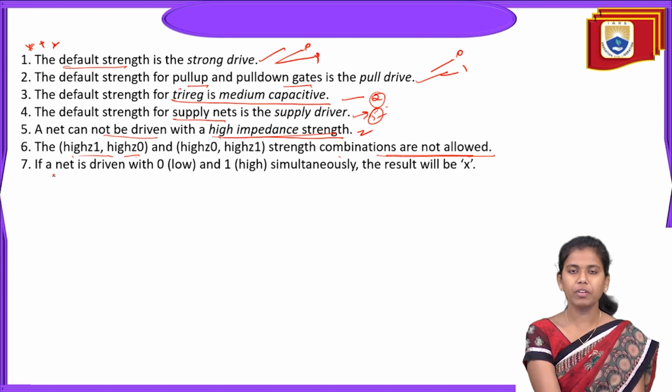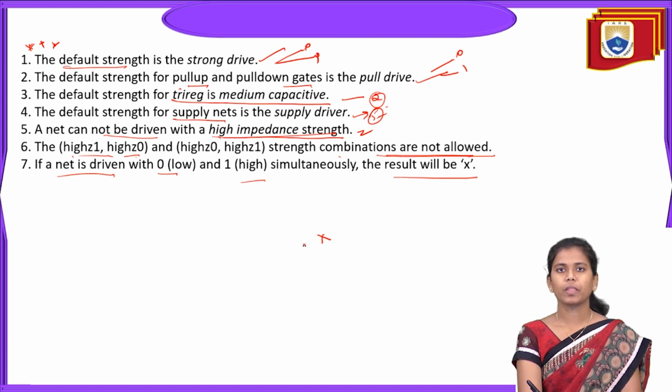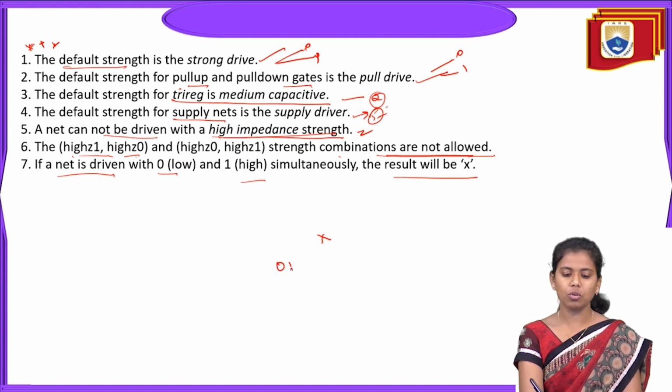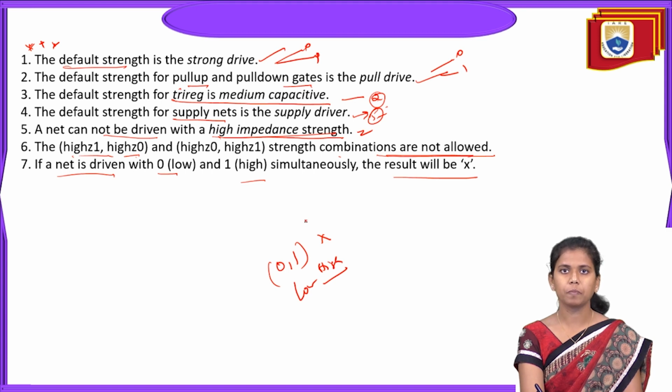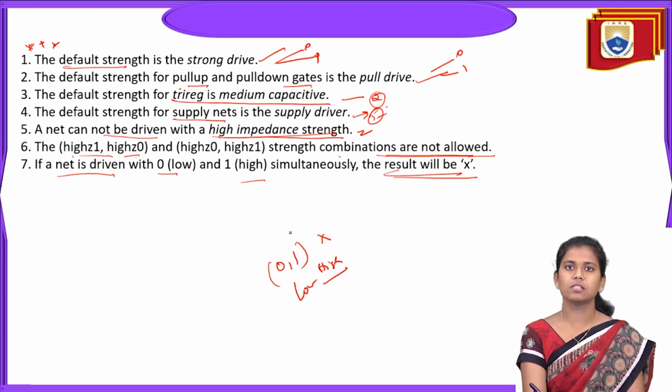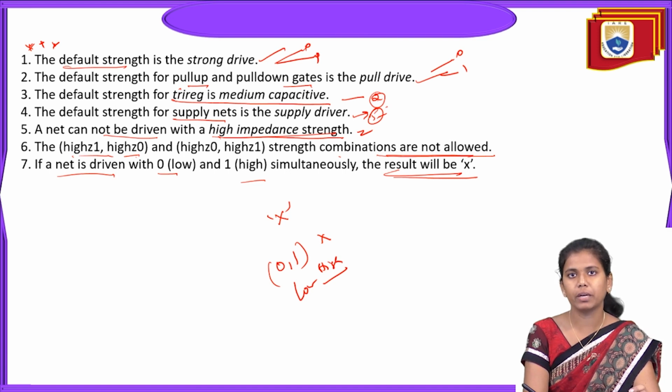Okay. And then if a net is driven with low or high simultaneously, the result will be unknown. So for example, if a net is having values 0 and 1, with low and high, and these two driven strength levels are taking part at a time simultaneously, then in such cases the result would be unknown. So these 7 points talk about the strength of a particular signal based on the strength levels.